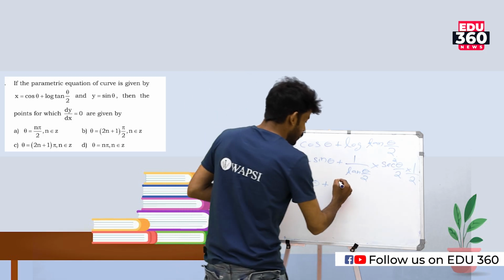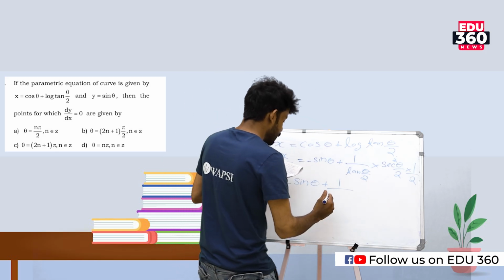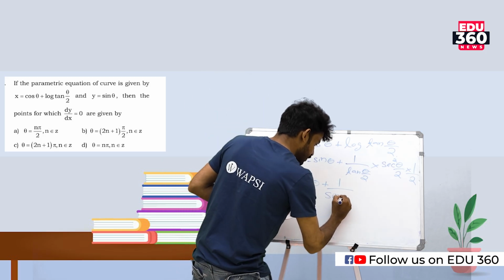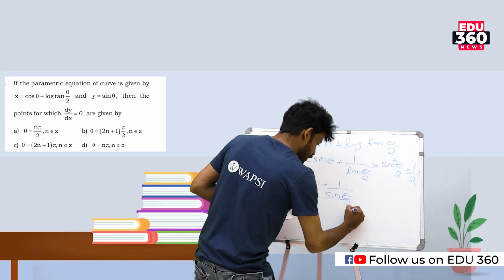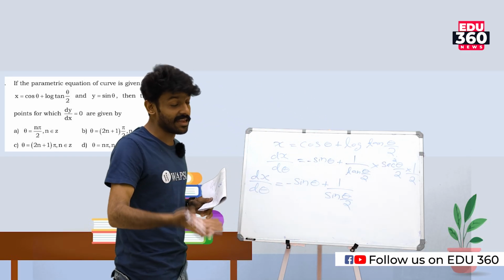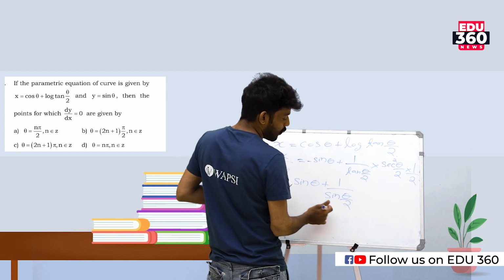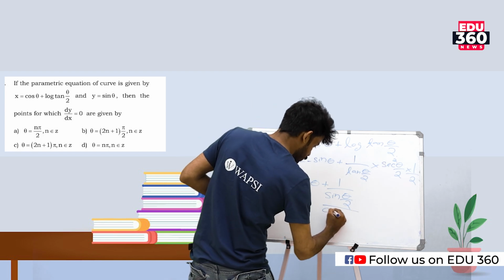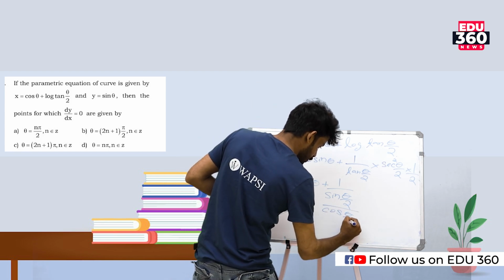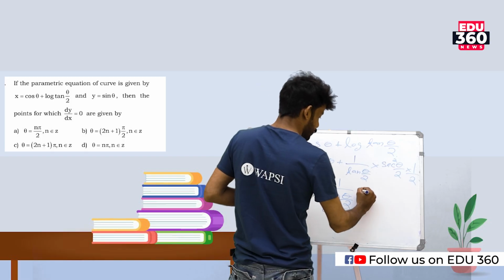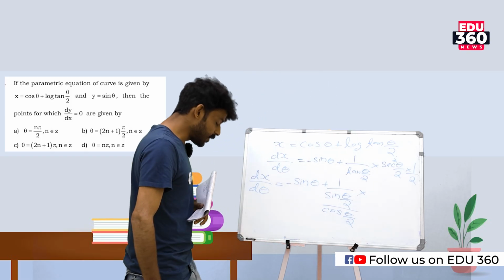For tan theta by 2, we can write it as sin theta by 2 divided by cos theta by 2, so 1 by sin theta by 2 into cos theta by 2 into sec square theta by 2.